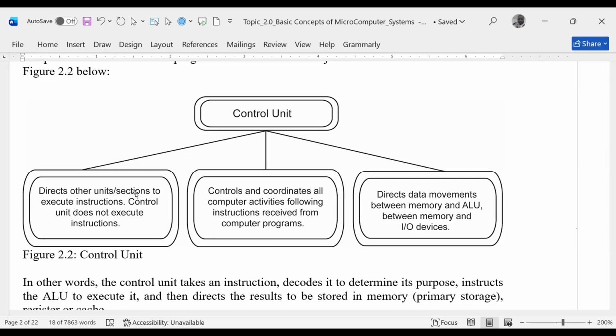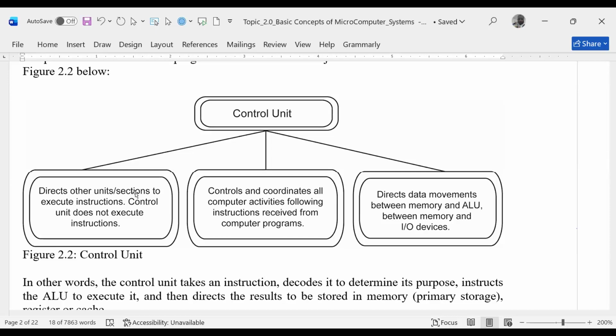So you should note that the CPU is divided into two main components, CU and ALU. It's the CU that directs all the components in a computer system to perform their job. The CU itself does not execute any instruction in a computer system.